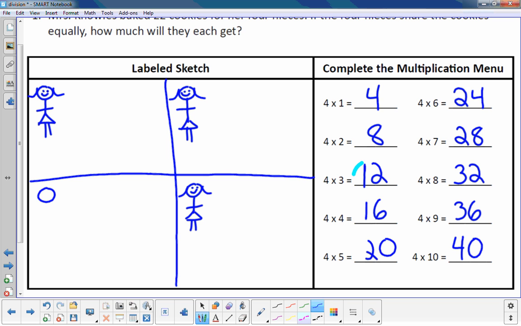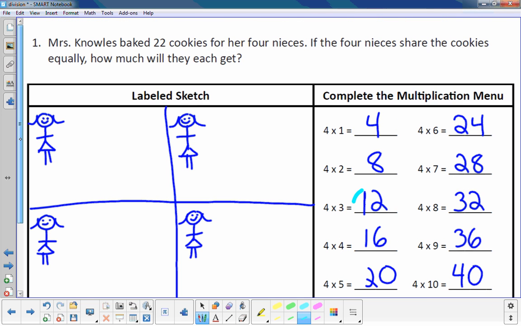So I have 4 nieces, 4 girls. And I'm going to look up above, and I have my 4 nieces drawn, and now I have 22 cookies total. They're going to share those 22 cookies.